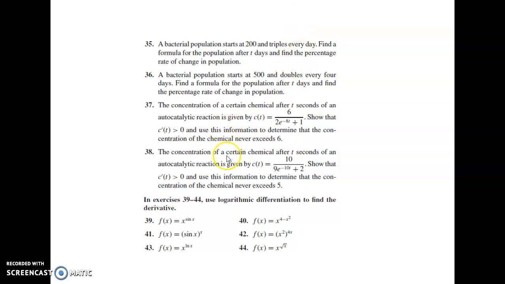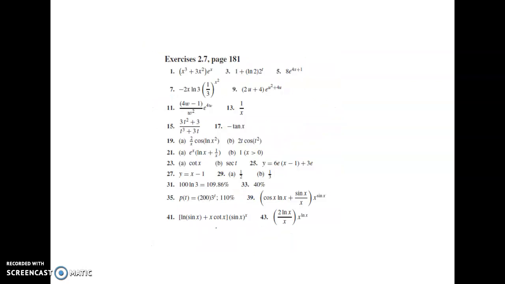In these examples, it is very simple. C(t) is given. You are going to find C'(t), and then never exceeds means you have to find the limit of this as t tends to infinity. These are the answers.